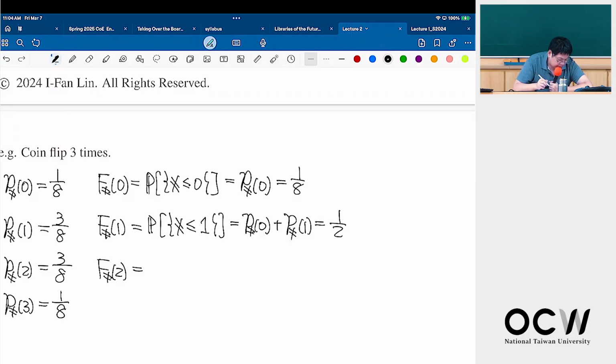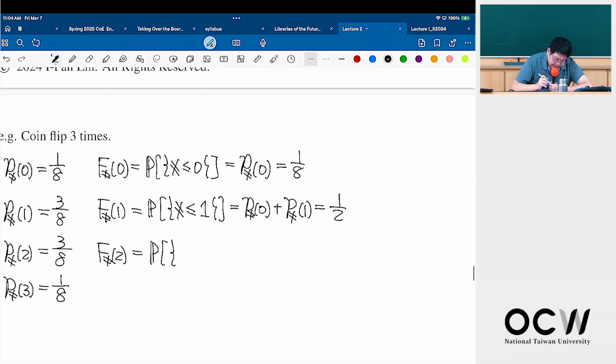And for the CDF at 2, that means the probability of your X is less than or equal to 2.